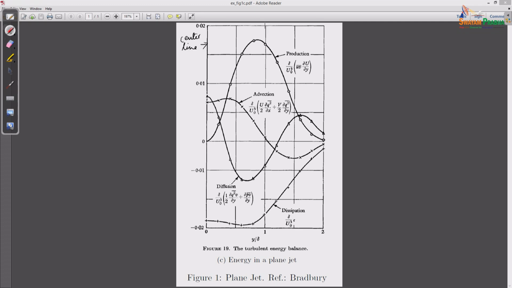Then this one is at jet half width, okay, and this one is far away from jet. So these are the three lines we are looking for.